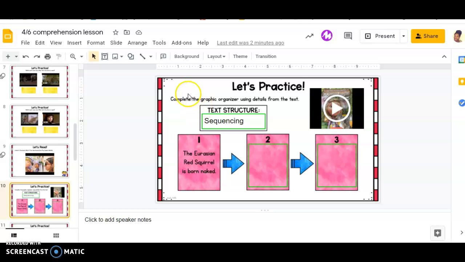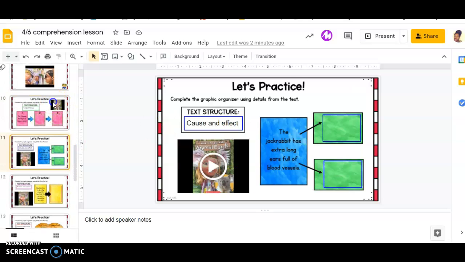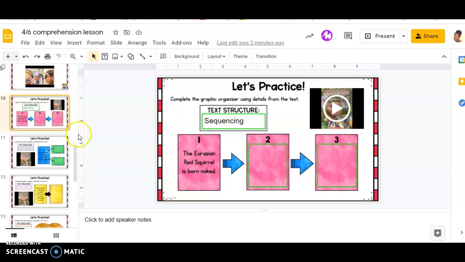So you are going to look at the structure on each slide, and then you're going to complete the graphic organizer. So here it's telling you the Eurasian red squirrel is born naked, and then you're going to give the other two parts of the sequence. And again, these are all coming from that read aloud book.